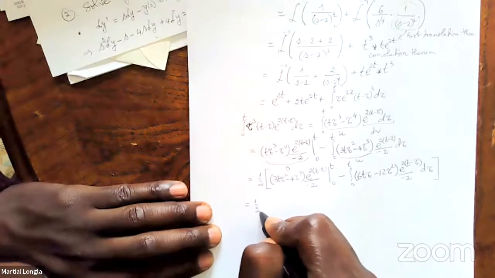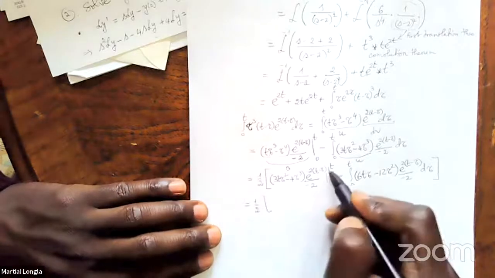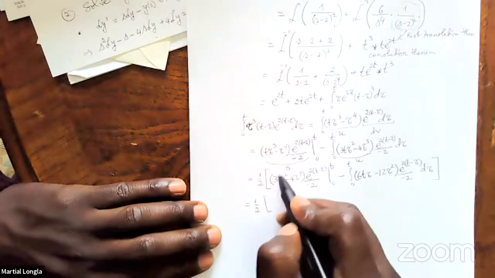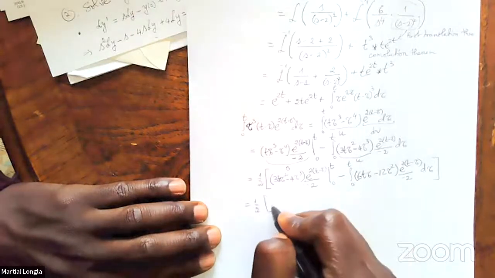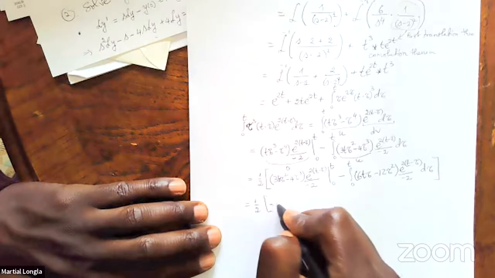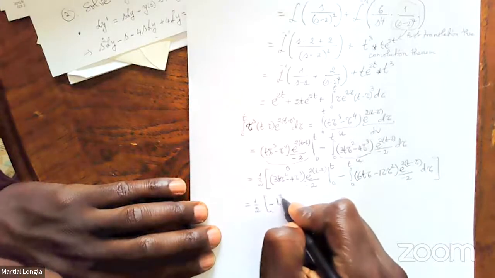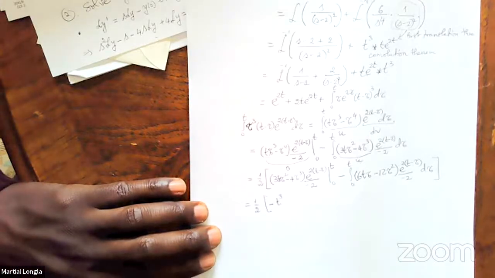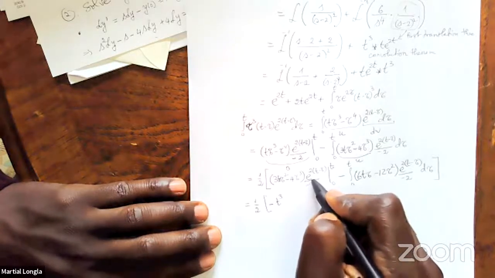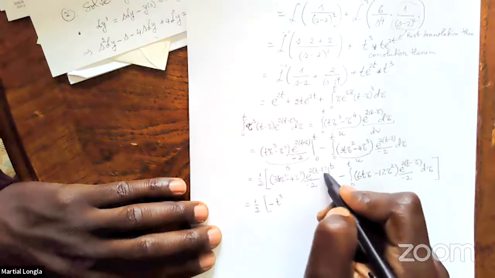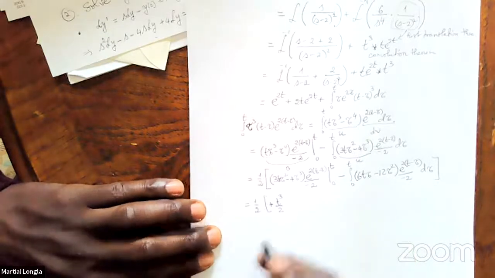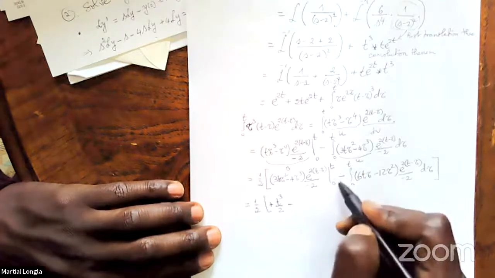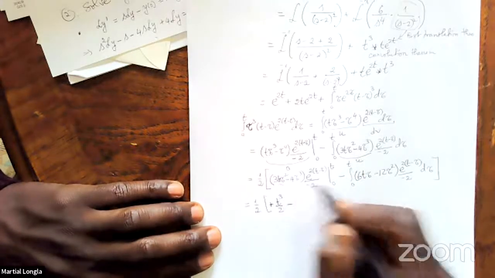So it's 1/2. When you plug in t here, you get 3t cubed minus 4t cubed. It gives you minus t cubed e, and then t minus t is 0, so that's 1 over minus 2. It becomes plus 1/2. Minus, when you plug in 0, you get 0.